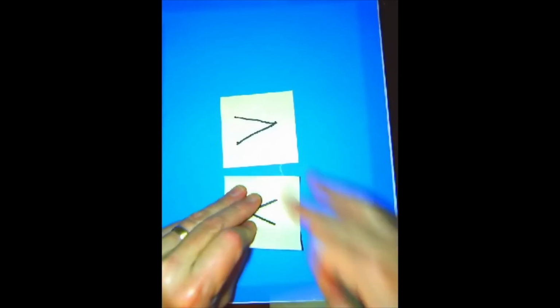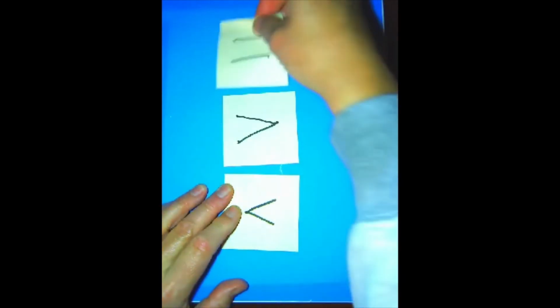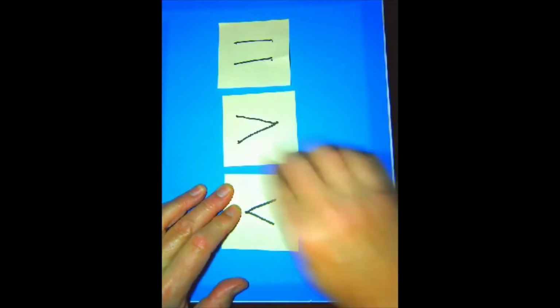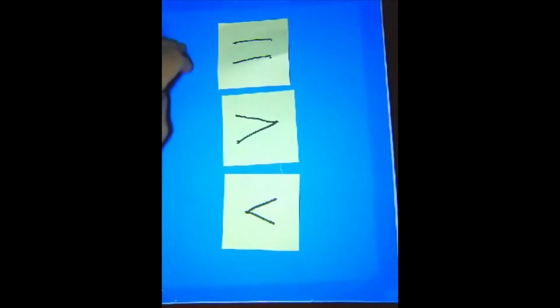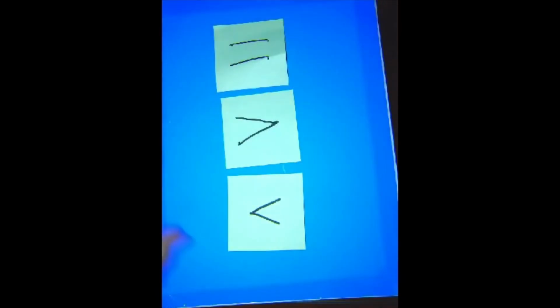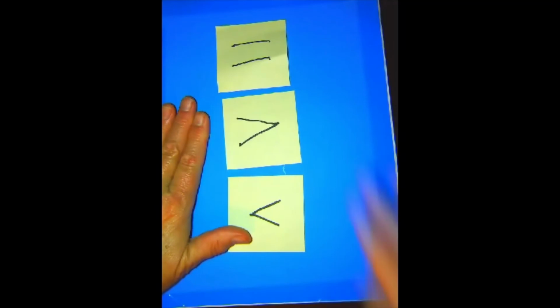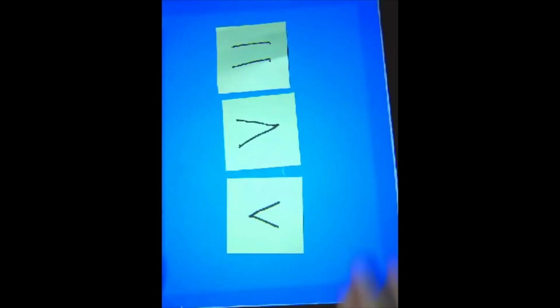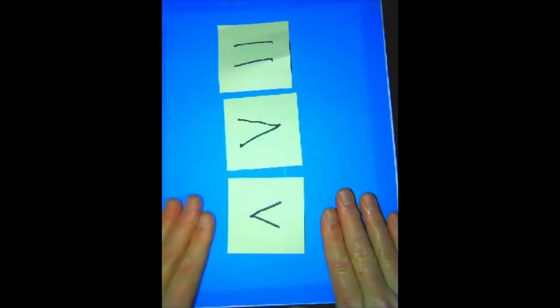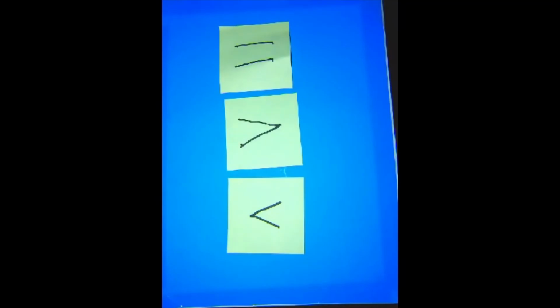We now know what it looks like for things to be equal. That's when we have the same amount on each side. We know what it's like for there to be more here than there is here, more here than there is here. And this symbolism can serve as a record of action for students as long as it's personally meaningful for them.